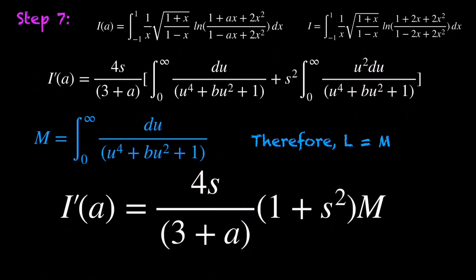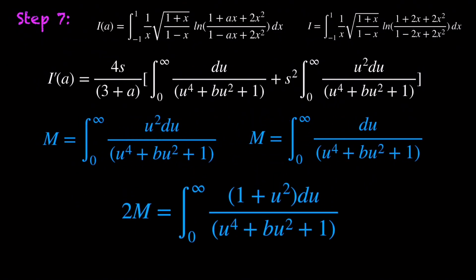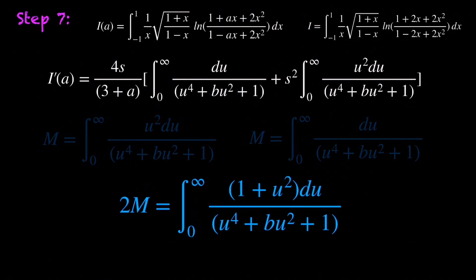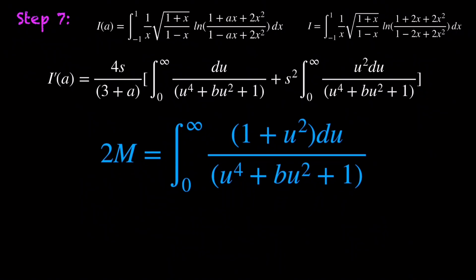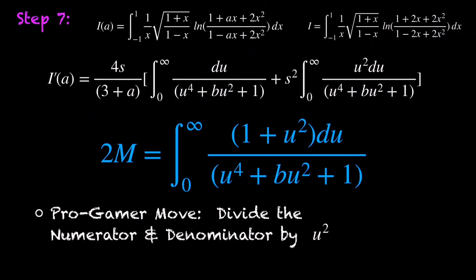I prime can then therefore be written as follows. And by adding these two integrals together, we get the following integral. And now here's where a little trick comes into play. A pro gamer move.